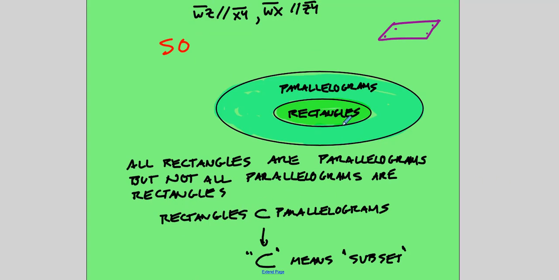So rectangles, as you can see in this Venn diagram, are a subset of parallelograms. All rectangles fit inside the classification of parallelograms, but there are parallelograms that do not fit in the category of rectangles. Like there's a thing called a rhombus. A rhombus turns out to be a parallelogram. It has four equal sides, but these don't necessarily have to be right angles.